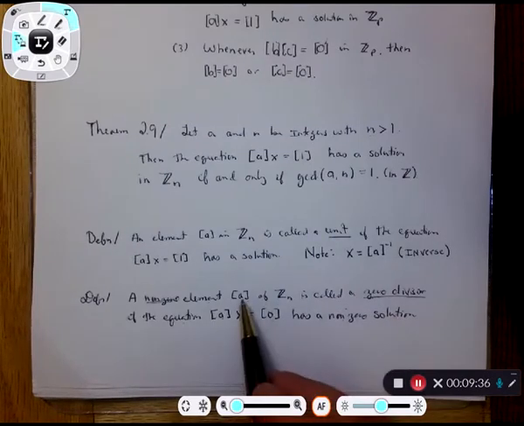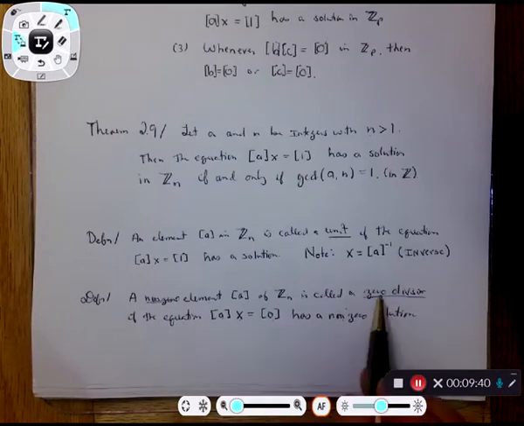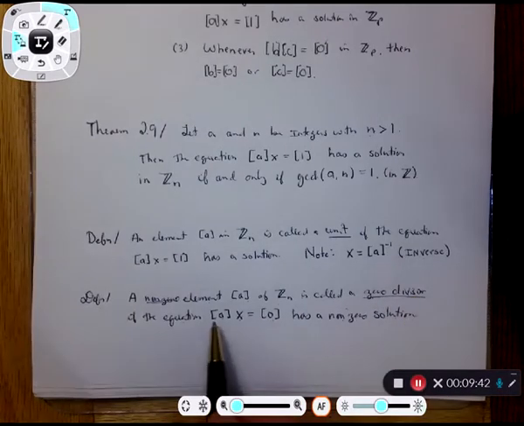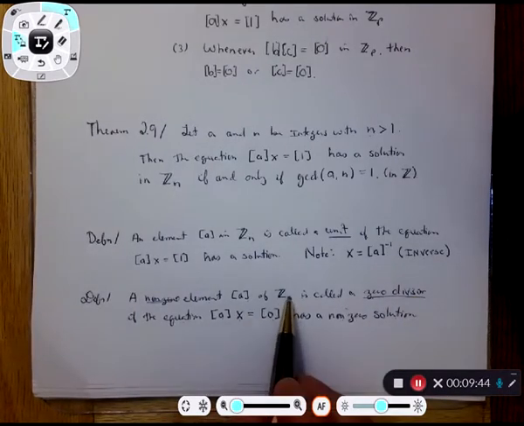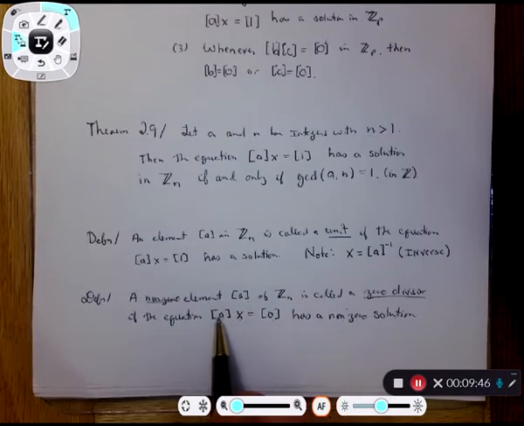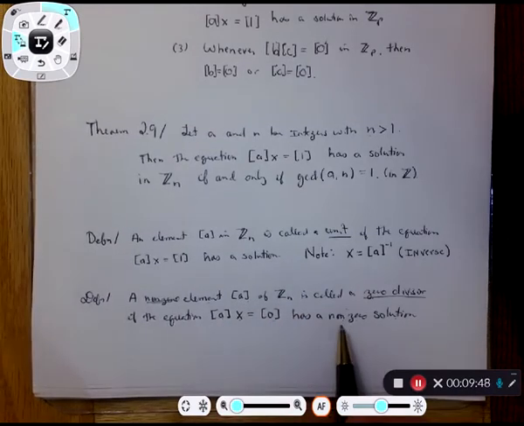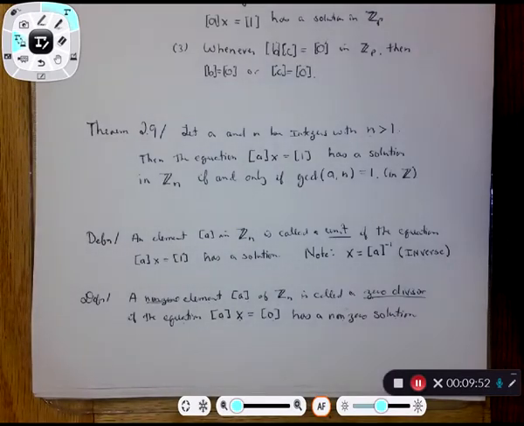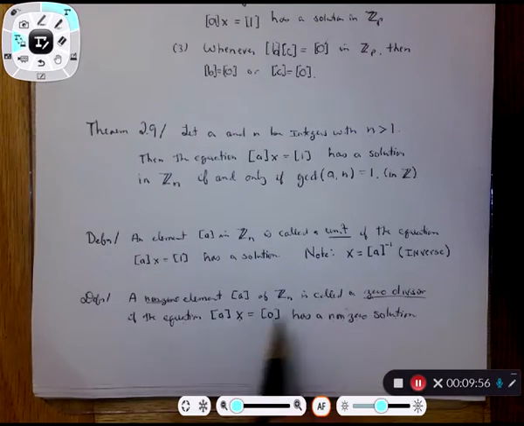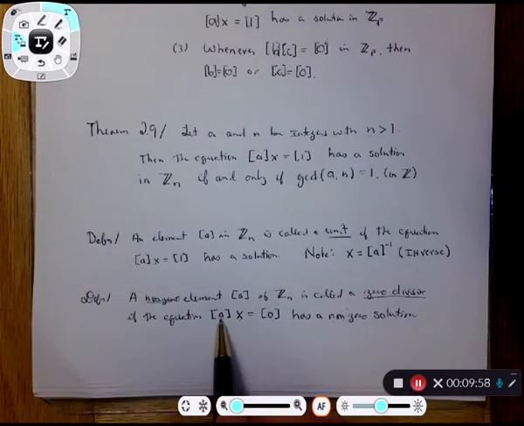So an element A of Zn is called a zero divisor if there exists another element in Zn that when I multiply them together gives me 0. Now both of them have to be non-zero because the trivial zero divisor is always 0. 0 times anybody is 0. But we're talking about non-zero elements here. So you've got a non-zero element times another non-zero element equals 0.